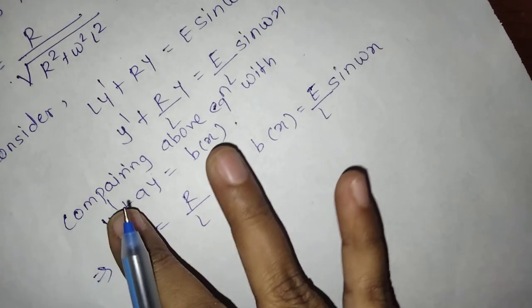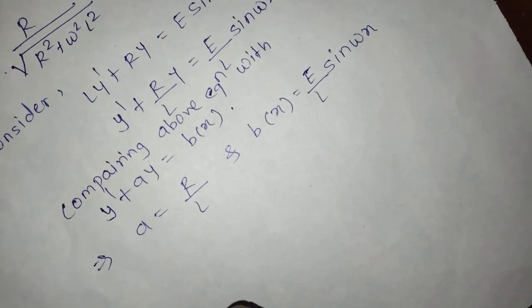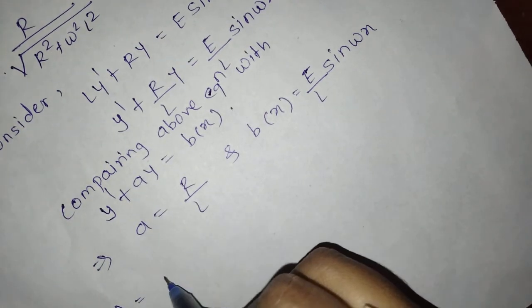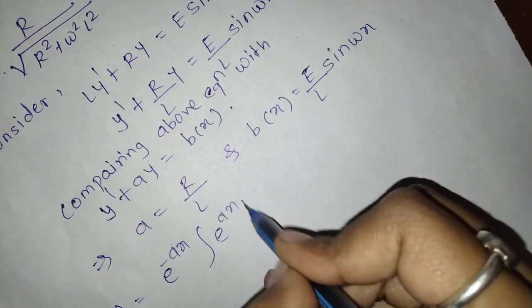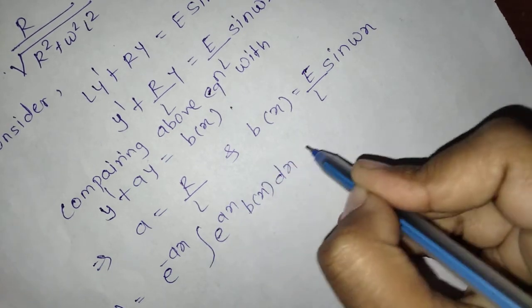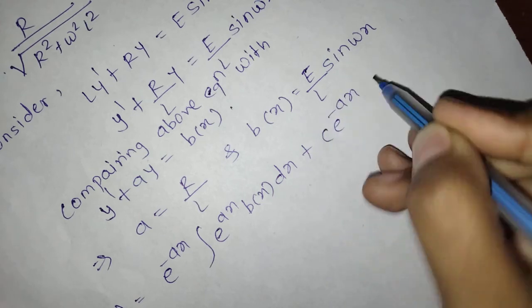Now we know that the solution of this type of equation is in the form phi of x is equal to e raised to minus integral A dx, into integration of e raised to integral A dx times B of x dx, plus c into e raised to minus integral A dx.